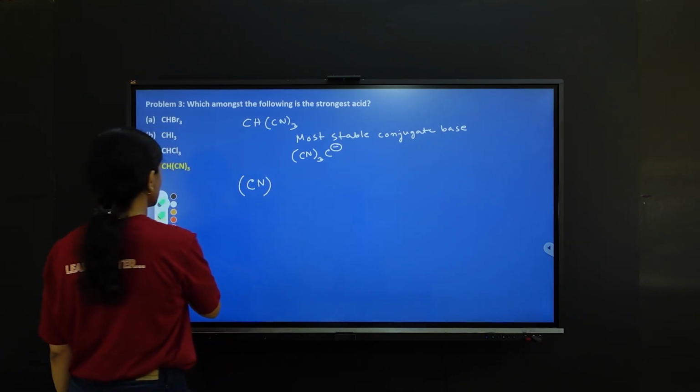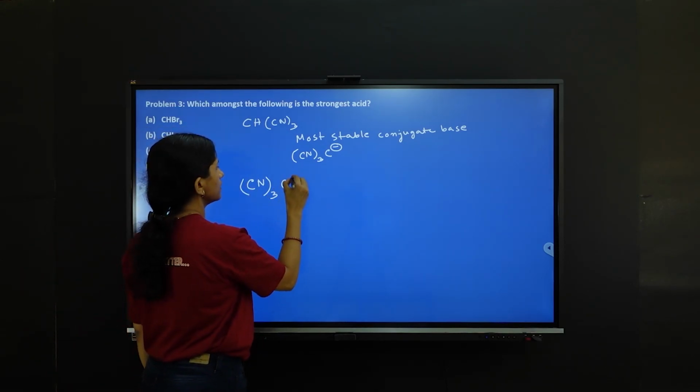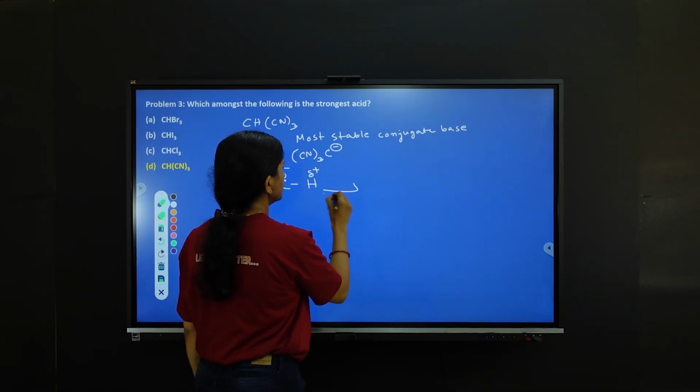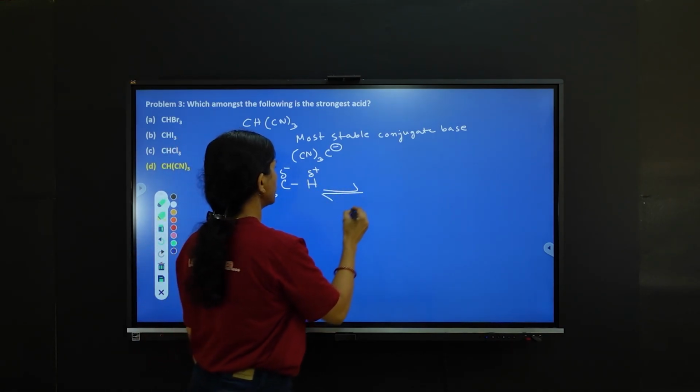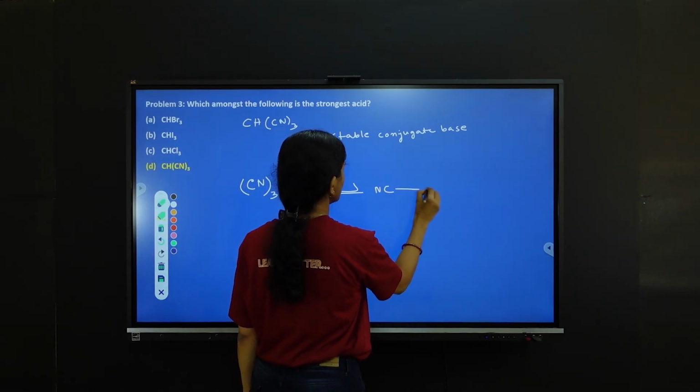So, CH(CN)3: carbon will have a delta minus charge and hydrogen will have a delta plus charge, which will be in equilibrium to break in the following manner.